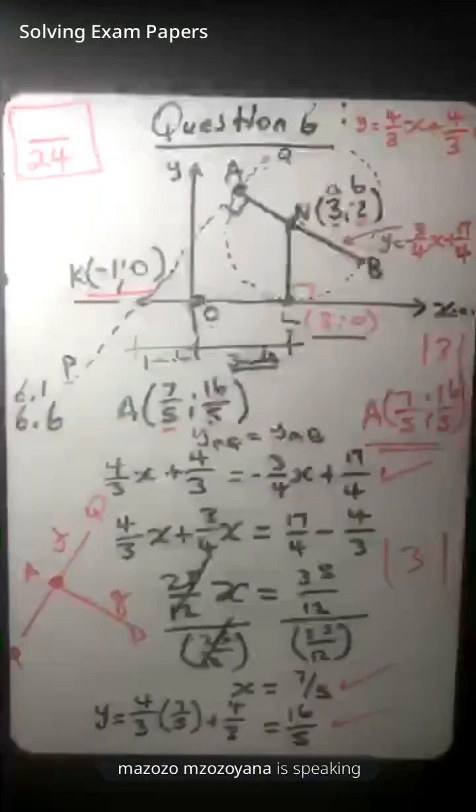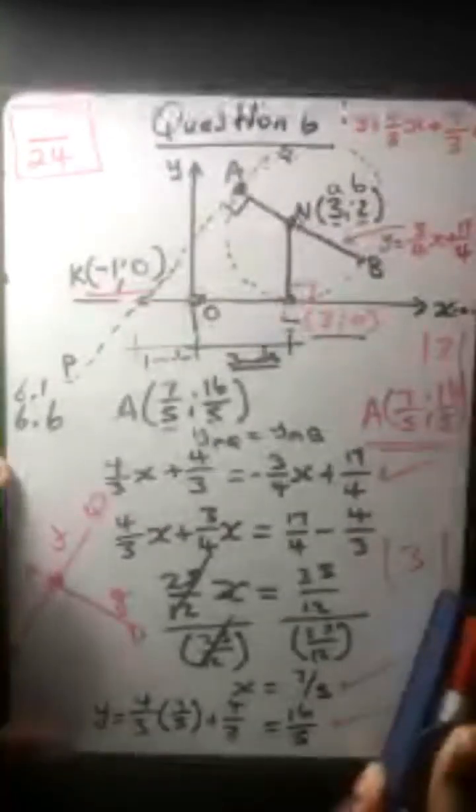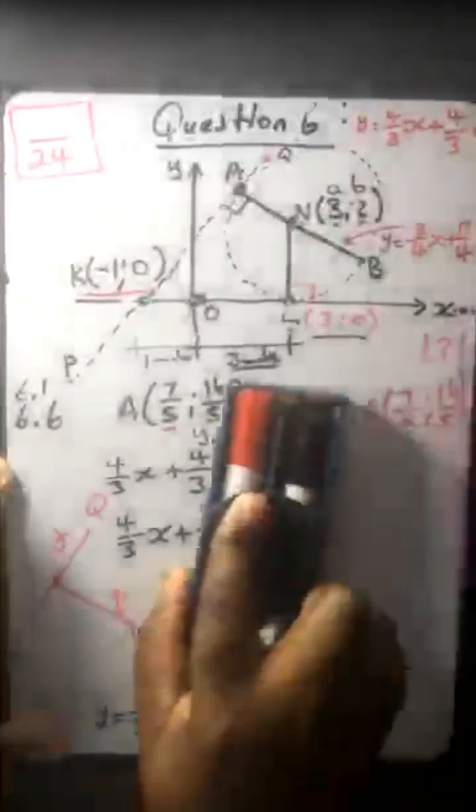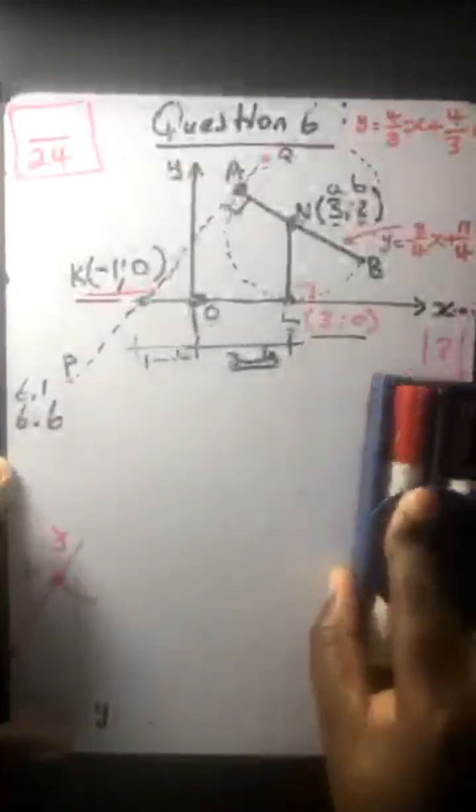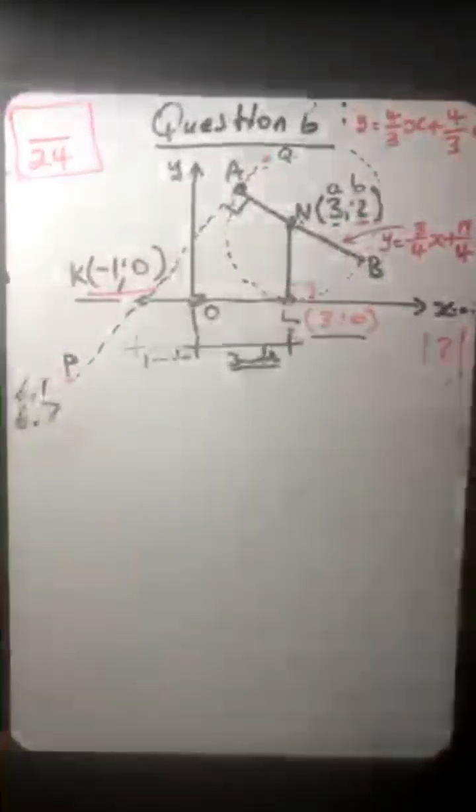Okay, sir. So now, let's see. Now we can remove all of that. So just give yourself 3 marks for that question. So 6.7 is what we'll be doing.